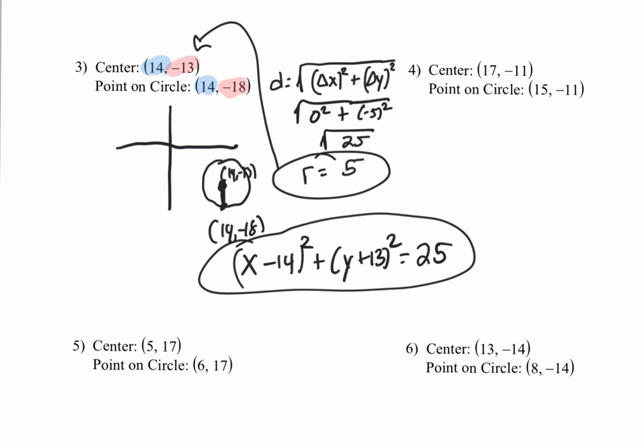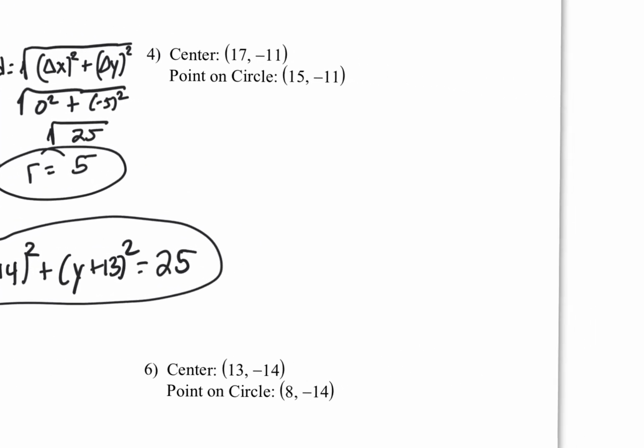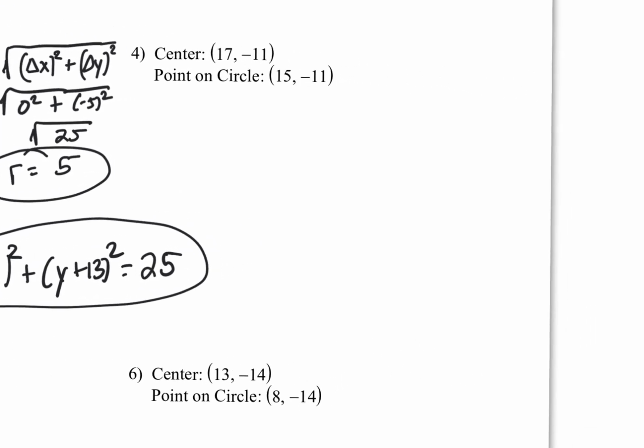Okay, so let's look at question number 4 then. So we've got a center at 17, negative 11, and we've got a point on the circle of 15, negative 11. Well, again, all else fails, you can write the first part of it because we have the center. So I can sit here and go x minus 17 squared plus y plus 11 squared equals, I've got half the question right.